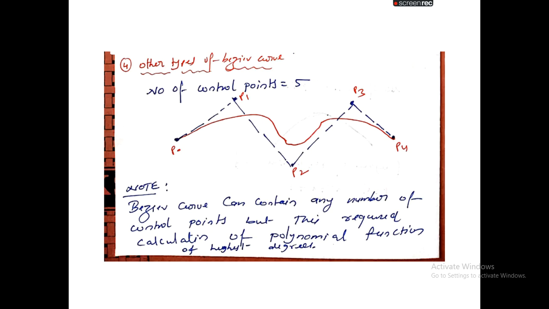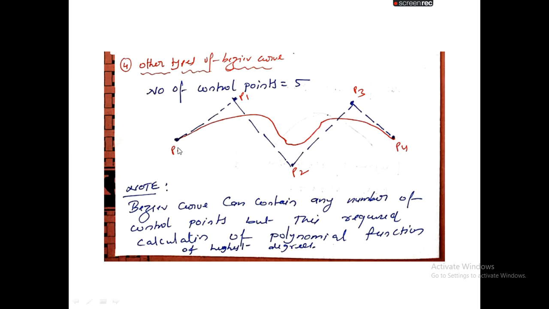I gave one example. The number of control points is 5 here. If the number of control points is 5, then definitely the number of tangents is 5 minus 1, that is 4. As you can see, P0, P1, P2, P3, P4 are the 5 control points.